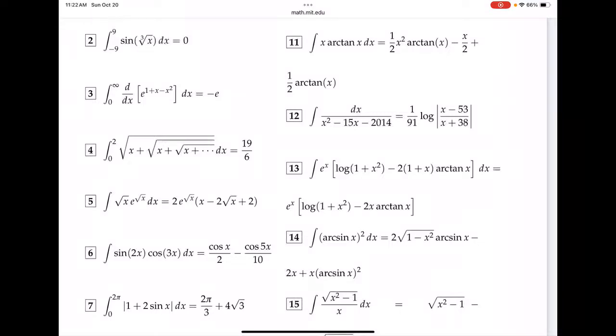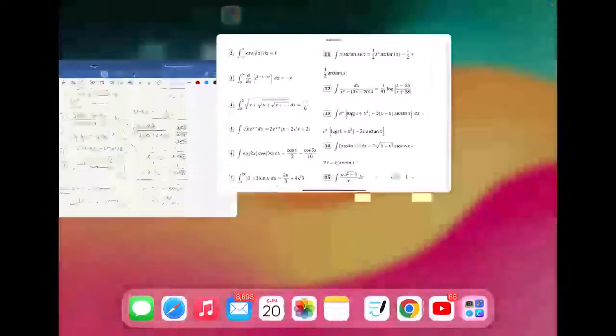We have the integral of e to the power x times log of 1 plus x square minus 2 times 1 plus x arctan x. This really seems like a complex problem, but I'm pretty sure that the MIT Integration Bee team would not give a complex problem in the selection round. So let's see this.